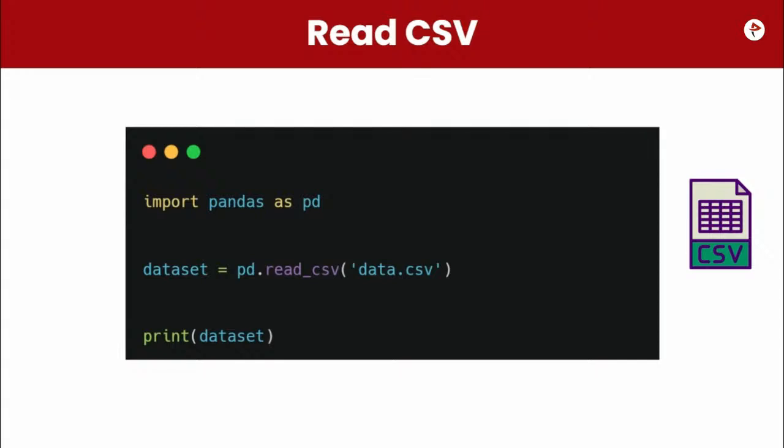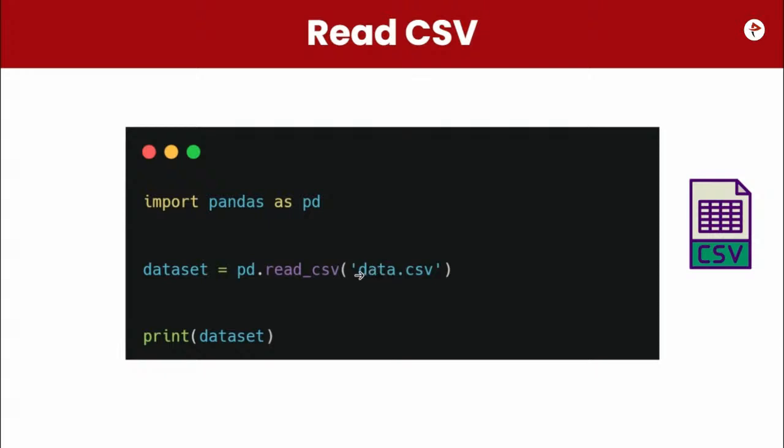So you can download it from these websites, and if you want to load it in your code, you can use pandas to load your CSV file. See here, I am creating a variable known as dataset. Here I am importing pandas, and I am creating a variable dataset equal to pd.read_csv. So I am using read_csv from pandas, and inside the bracket I am passing the name. Here you have to pass the entire path with the name and extension.